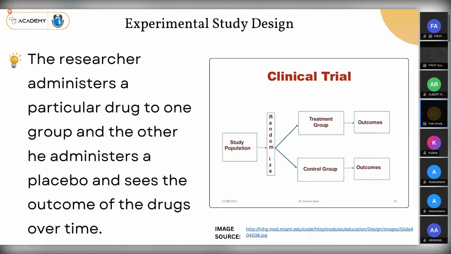You just have a group where you probably educate them on something and you follow them over time to see whether that education you've given to them will make them better or will make them stay away from something that you think they are exposed to. Let's say, for example, young people that smoke.